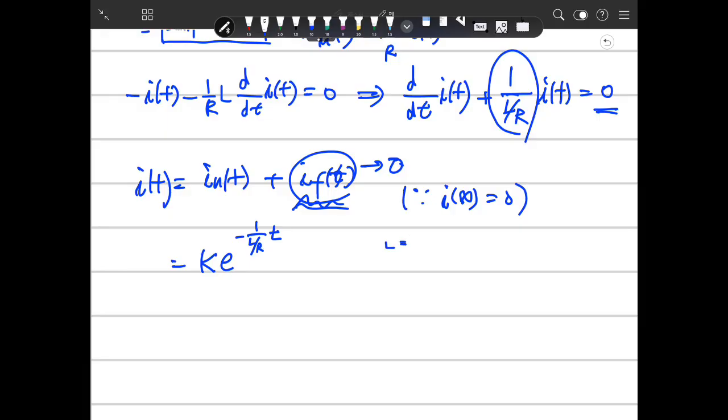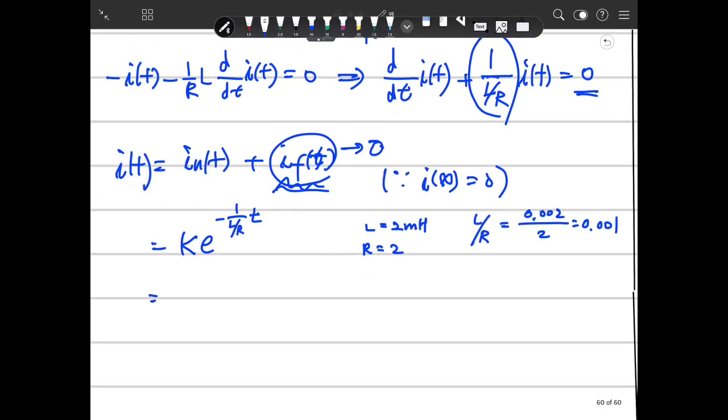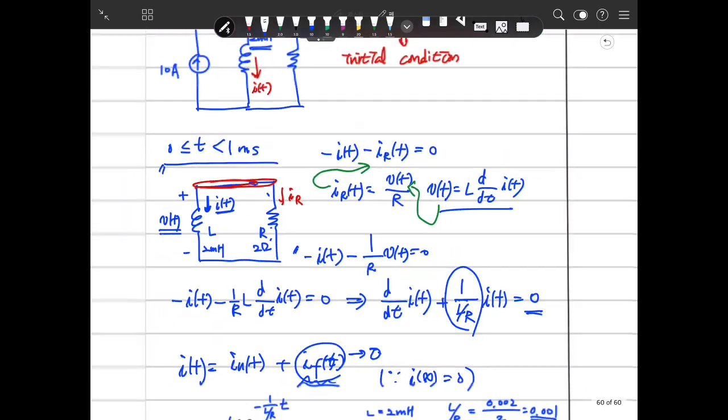Then what's the time constant over here? L is 2 millihenry, R is 2 ohm. So L over R is 0.002 divided by 2, so there will be 0.001. So there will be K exponential minus 1000 t. To get K, we can use the initial condition over here.